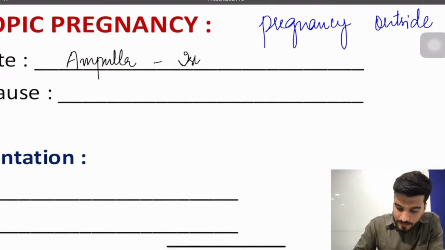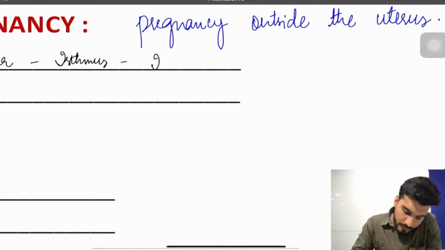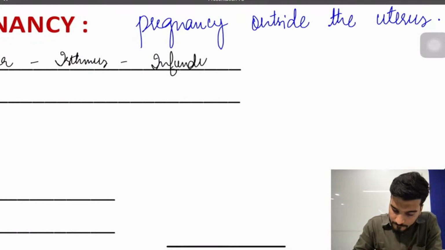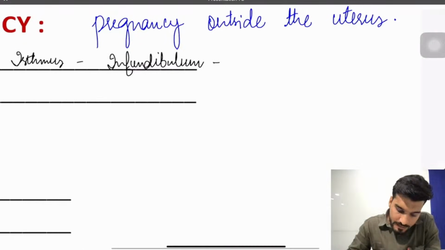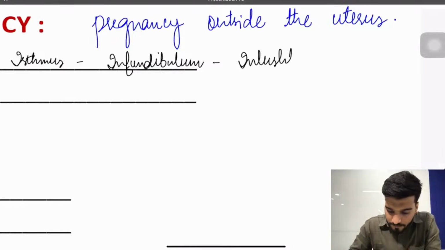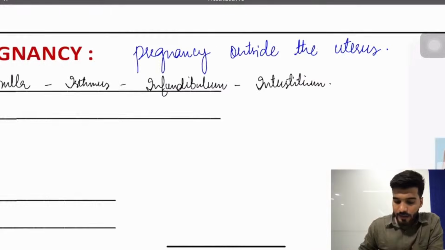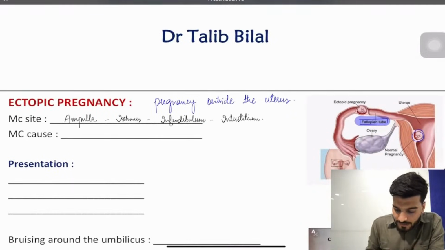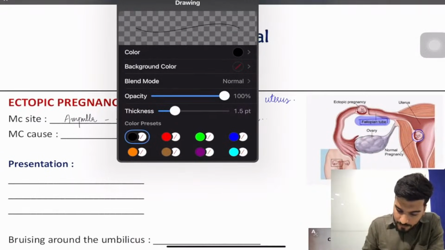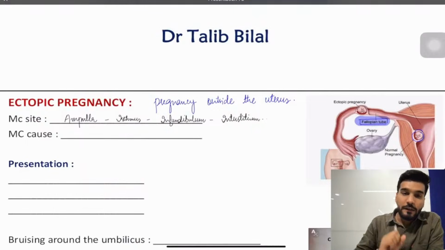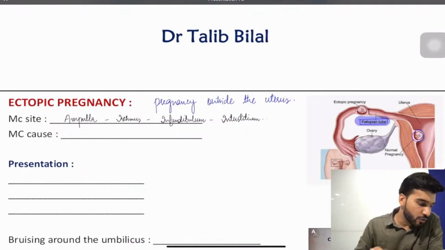The most common site is the fallopian tube, and the most common site in the fallopian tube is the ampulla.